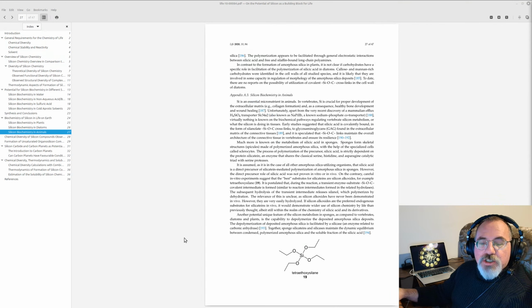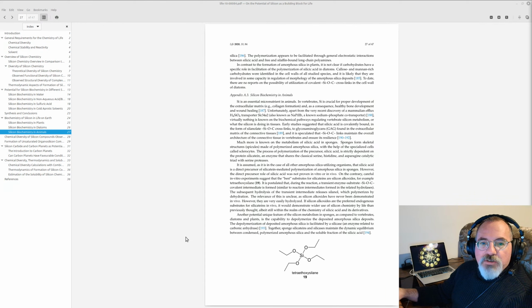The polymerization appears to be facilitated through general electrostatic interactions between silicic acid and free and silafin-bound long-chain polyamines. In contrast to the formation of amorphous silica in plants, it is not clear if carbohydrates have a specific role in the facilitation of the polymerization of silicic acid in diatoms.